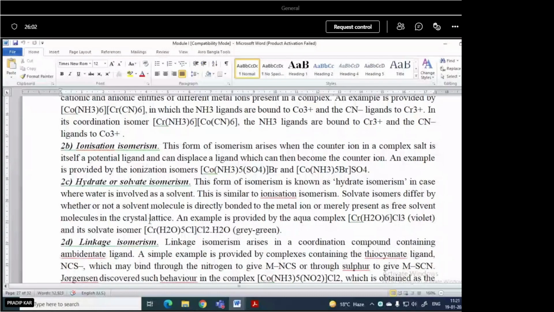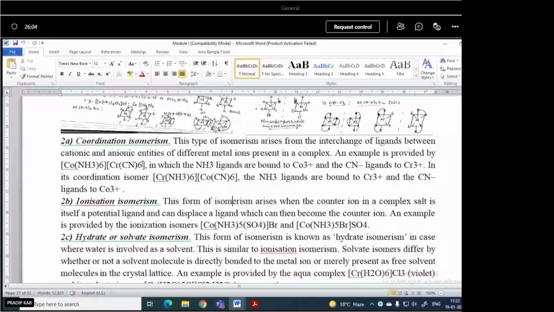In case of coordination isomers, the positive and negative parts are both coordination complexes. And here the metal ion has different ligands. With Co, the NH3 ligand is present here, and with chromium the CN ligand is present. So the ligand position is exchanged, or the metal is exchanged, and that is why both have the same chemical formula but different properties.